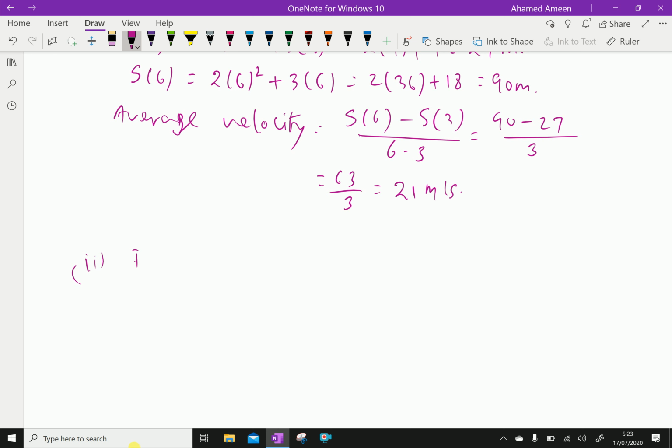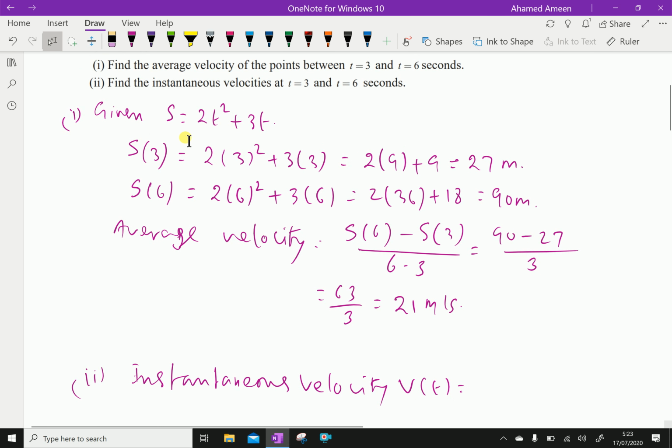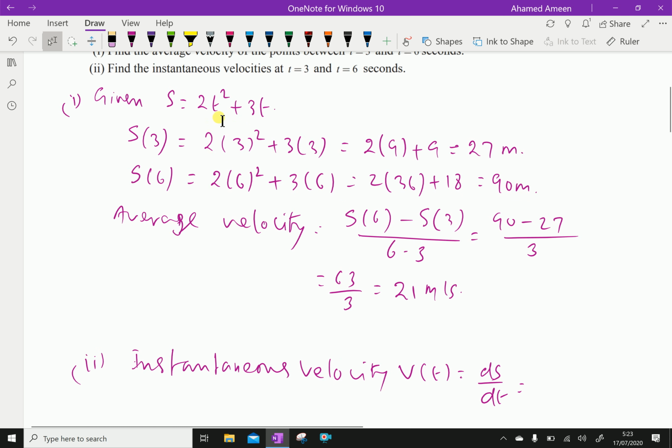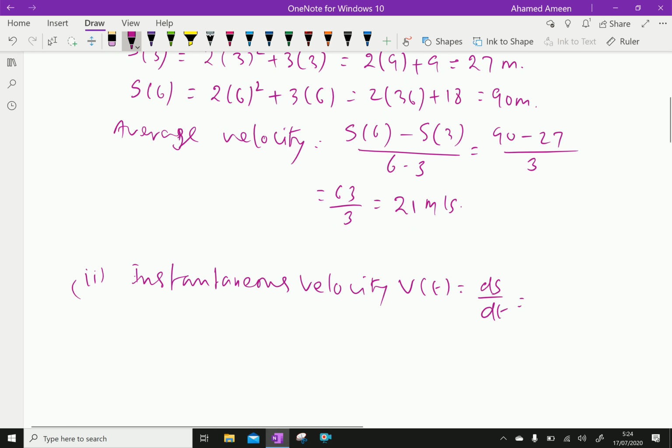Instantaneous velocity, that is v of t, we have to differentiate the function s with respect to t, that is ds by dt, which is equal to, here 2t square differentiation is 4t and 3t differentiation is 3.